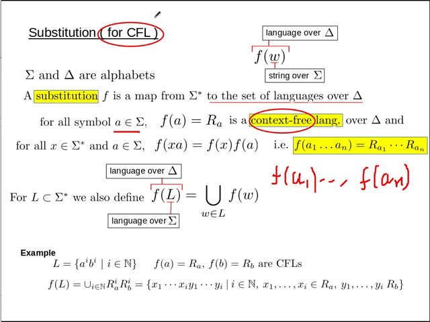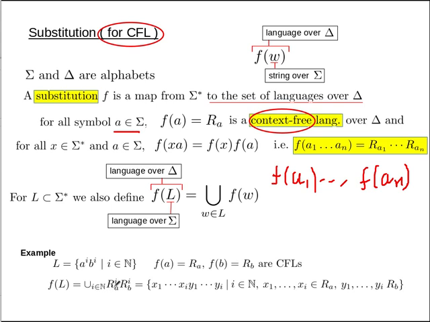So then what will be f of L? If you map a single string, it is RA to the i, RB to the i, which is a language in itself. Then you take the union over all these, and it will look like this.